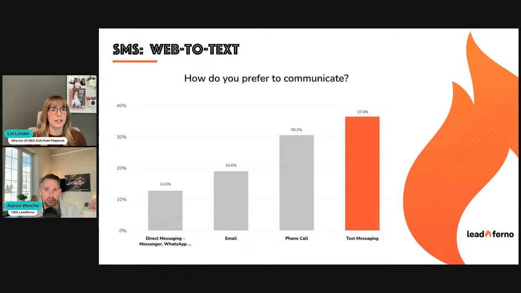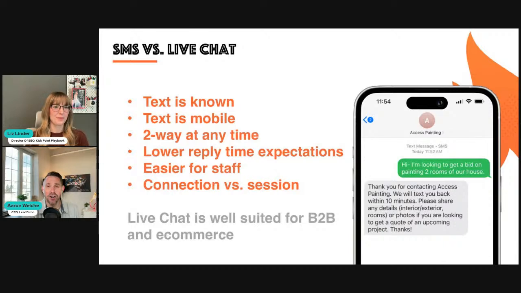Aaron did actually share some more data on that, which we will share in our replay as well. So you'll have some of that data around breaking this down by age range. The TLDR on that is, it's not as slanted as you think. Definitely overall, all age groups are into texting and messaging as their #1 communication.